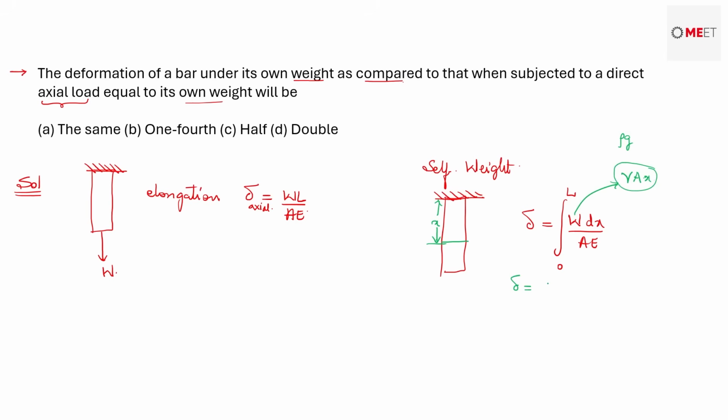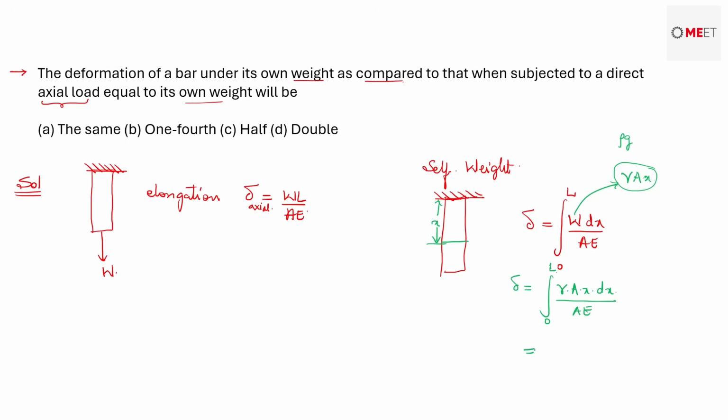So if we write it once again, this is the integral from 0 to L of gamma into A into x into dx, whole divided by AE. Don't cancel A out of here.